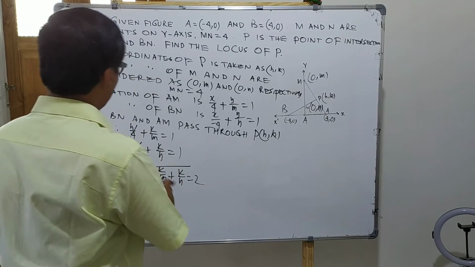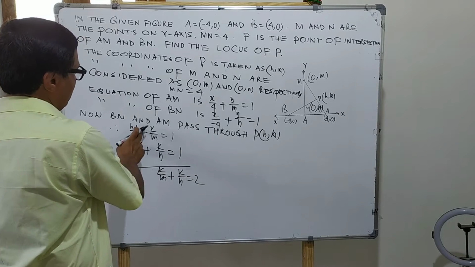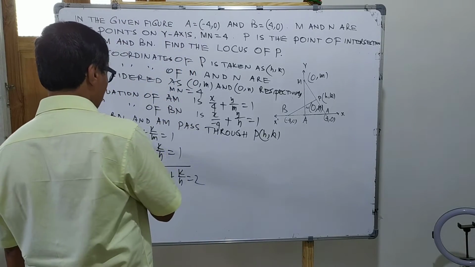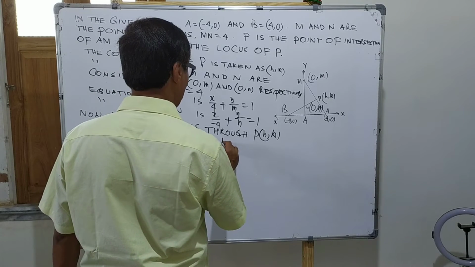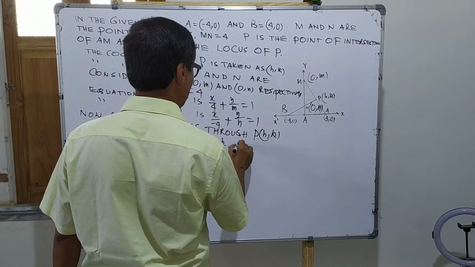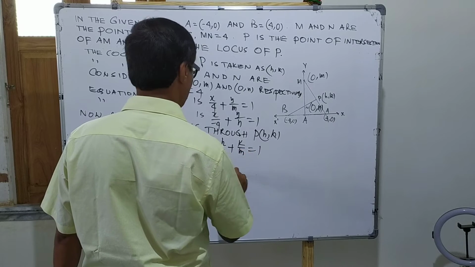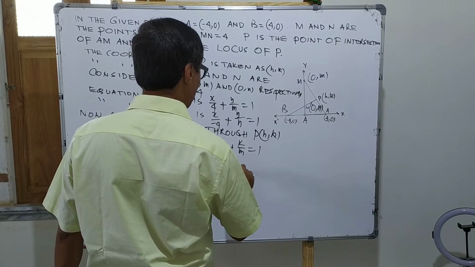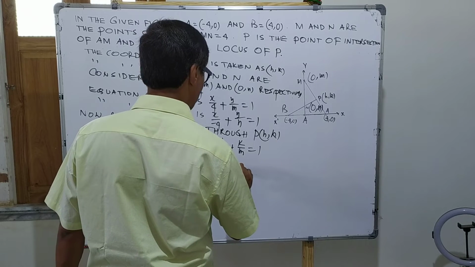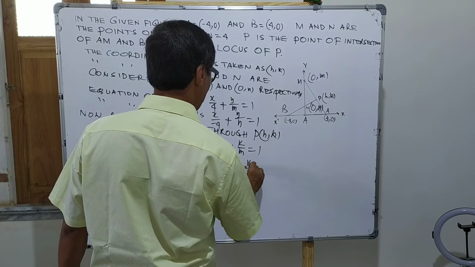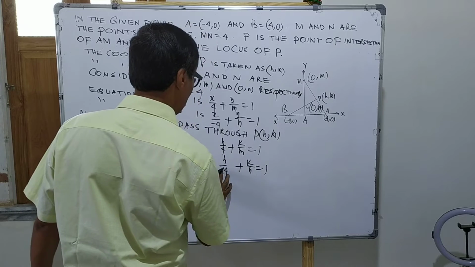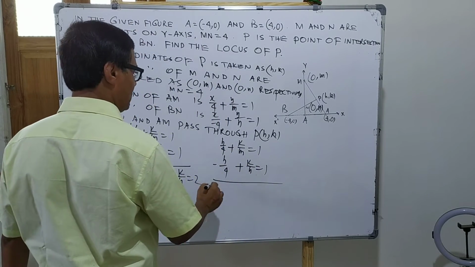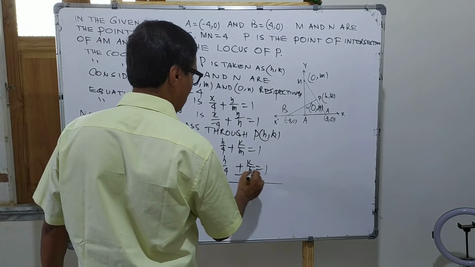We can also subtract the second from the first, that is, h over 4 plus k over m equal to 1 minus h over minus 4 plus k over n equal to 1.